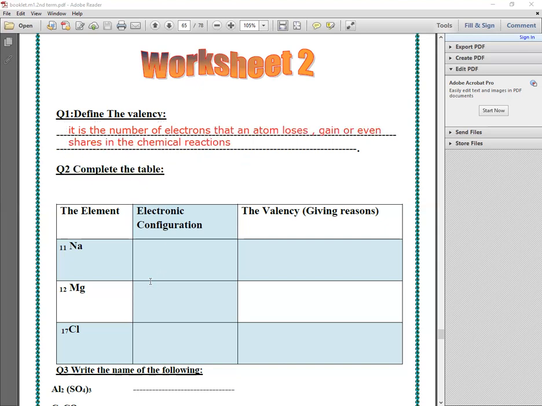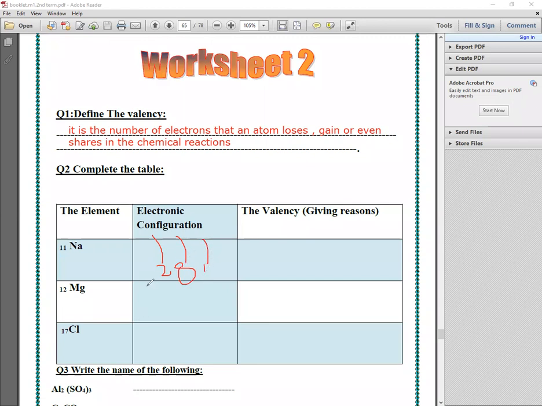Question number 2, complete the table. Give me the electronic configurations of sodium Na11, magnesium Mg12, chlorine Cl17. For sodium, the electronic configuration takes 2, then 8, then 1.